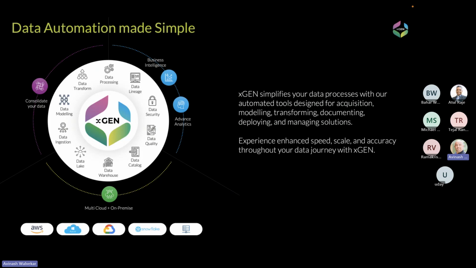Existing databases can also be connected without much issues. Once the data has been consolidated or brought into the platform, you could do data transformation, you could create automated pipelines, you could schedule them, and it gives you a visibility of the end-to-end data pipeline.